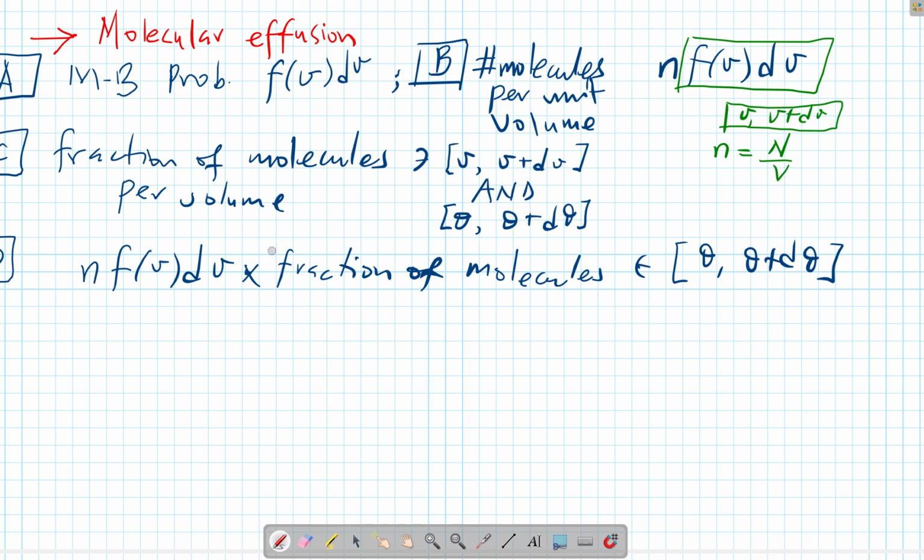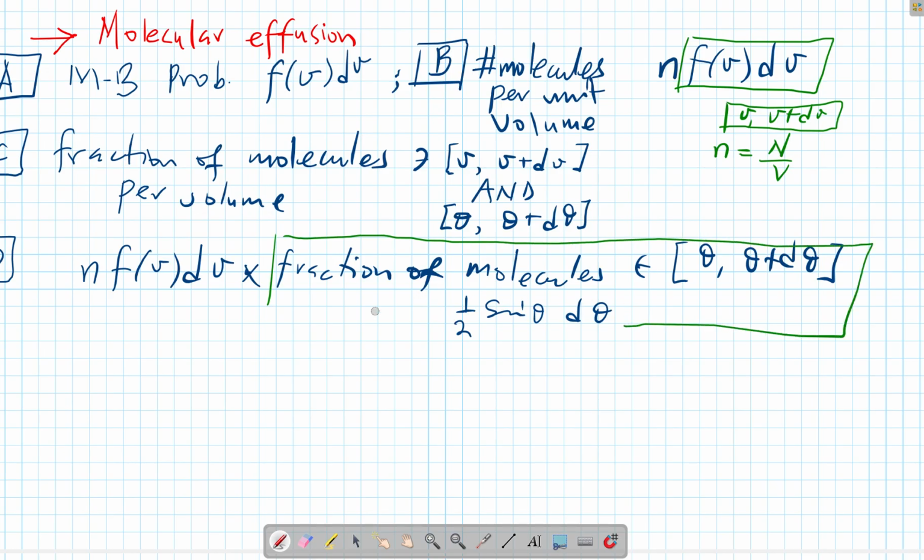And this fraction of molecules with this property, that they are moving relative to some specific direction within angles theta up to theta plus d theta, we have found to be 1/2 sine theta d theta. So actually this is point C. Let me underline it here.